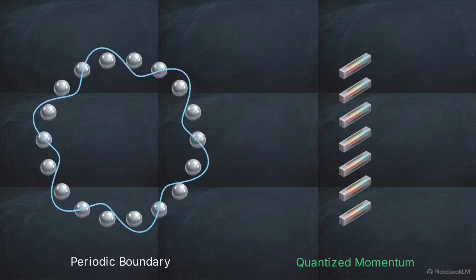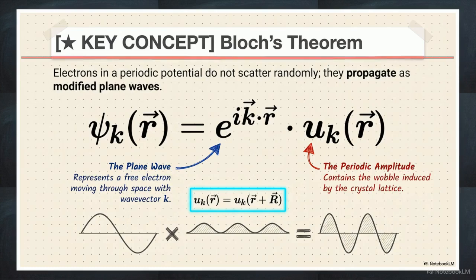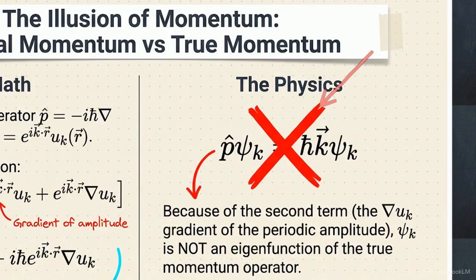This graphic demonstrates Bloch's theorem, the rule governing how these quantized electrons move. As the multiplication at the bottom shows, the electron propagates as a standard plane wave, multiplied by a localized, repeating wobble induced by the atomic lattice. This reveals a crucial physics distinction, shown by the crossed-out math here.